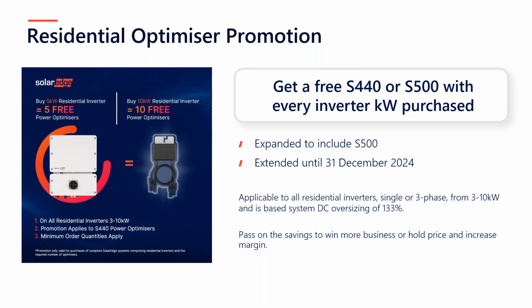So you've got plenty of chance and scope to either use it as a way to bring down the cost of optimizers by a third, or hang on to the margin. Either way, we don't mind. It's been expanded to hopefully give you a little bit more range with the sorts of panels and system types it can be applied to.